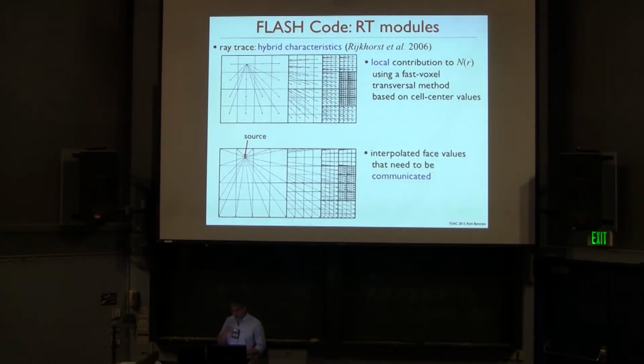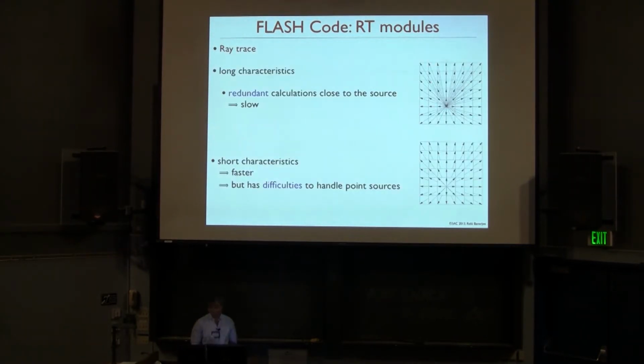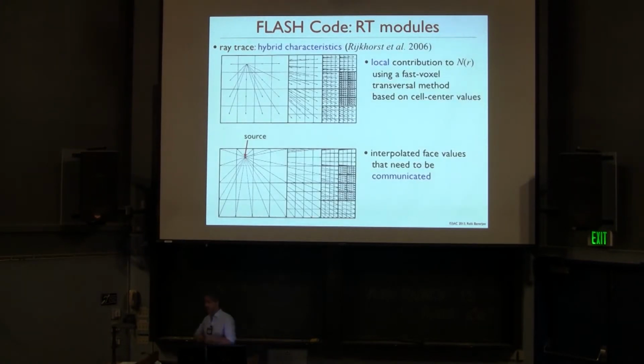And then Erik Rijkhorst came up with a method he named hybrid characteristics, and for the actual ray tracing, walking the ray, it's based on a long characteristic approach. The main idea was to speed up the calculation, going away from this fairly slow, general long characteristic approach where you traverse your entire simulation box with many rays.